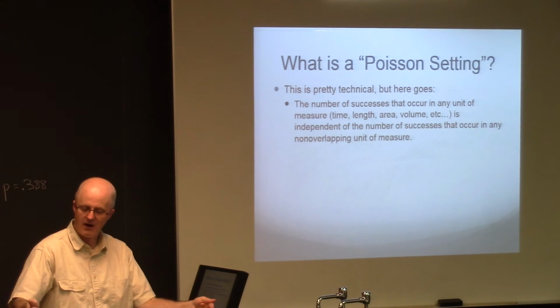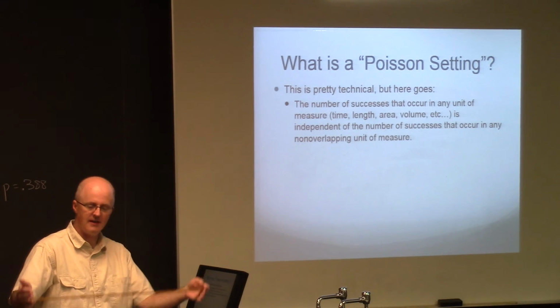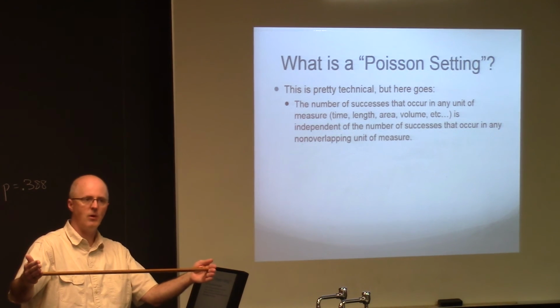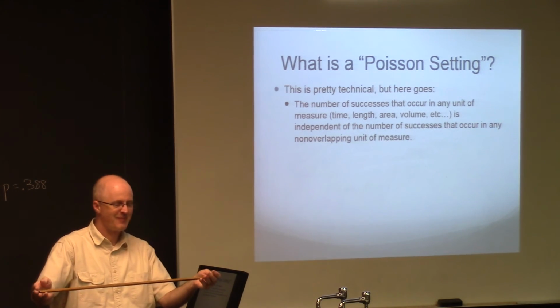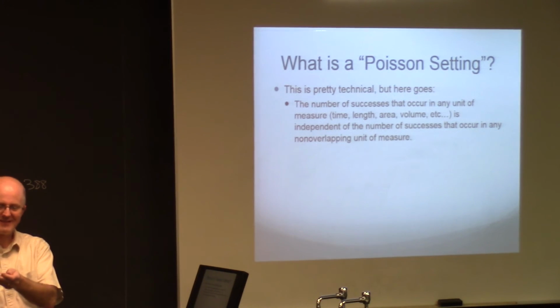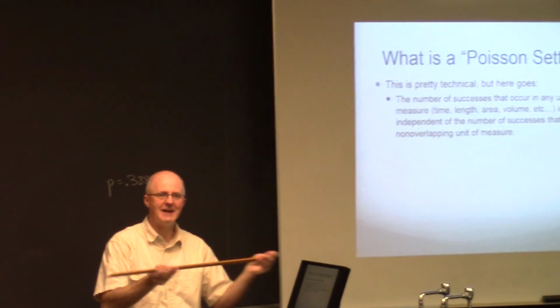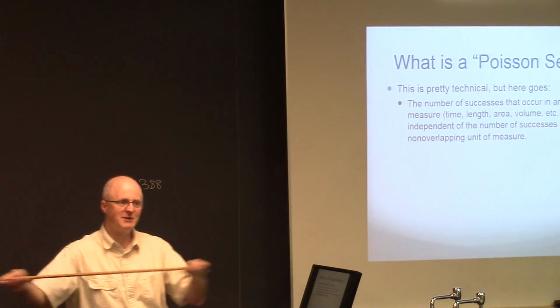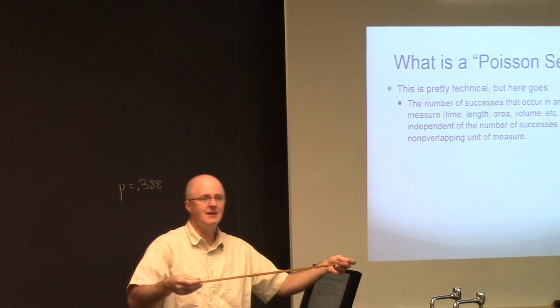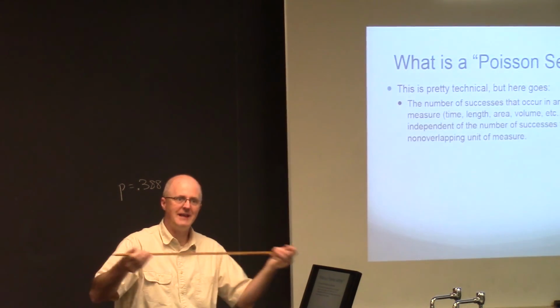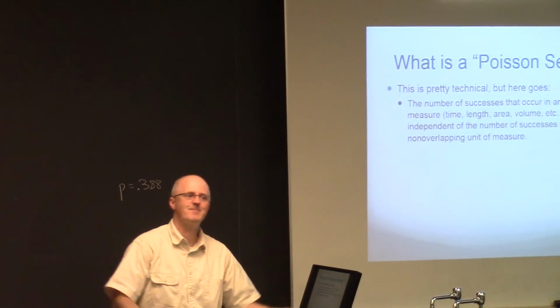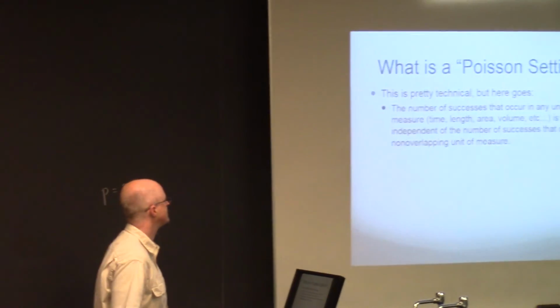Like if I was trying to count the number of bacteria on this ruler here, that's 1 meter long, and I had another ruler that was also 1 meter long right next to it, the number of bacteria on this one should be independent of the number on that one. Now that's kind of a dubious assumption because there's maybe similar kinds of rulers, same kind of wood in a similar environment, but maybe it's somewhat reasonable to assume.